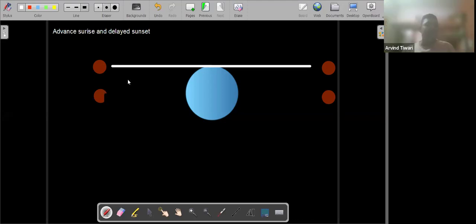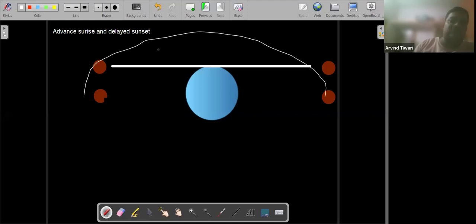So what happens is, suppose the sun was moving from this position, coming to the horizon, then coming to the top, and then again setting down like this. Now in this situation, even when the sun is below the horizon, what happens? Here we have the sun still below the horizon.